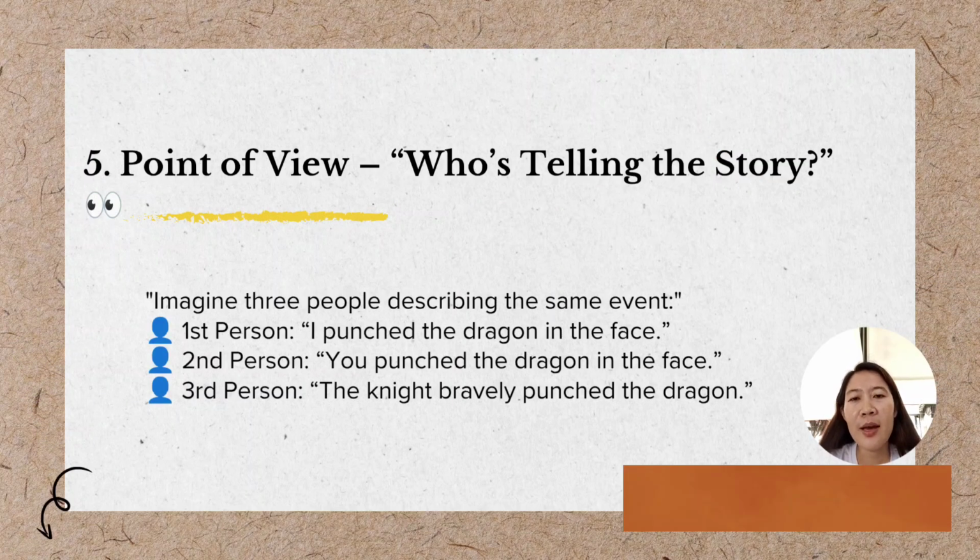Okay. Number five, the point of view. What is the point of view? The point of view is who's telling the story. So imagine there are three people describing the same event: the first person, the second, and the third. The first person says, I punched the dragon in the face. While the second person says, you punched the dragon in the face.